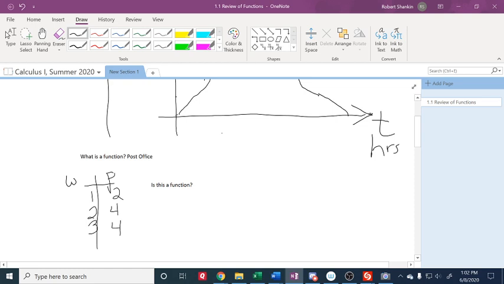So this one, we'll say it is yes. And let's create a different one over here. The weight and the price. 1, 2, 2. And then if we had 2, 3, 4, this is what we call not a function.